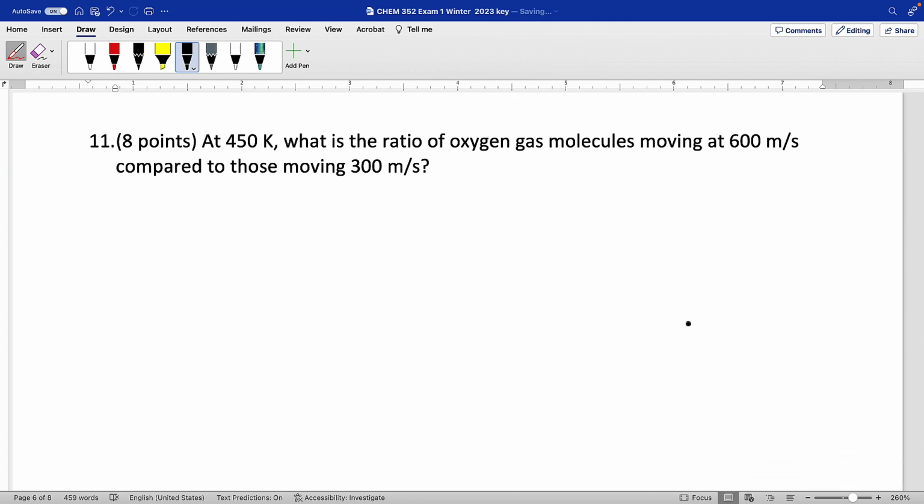Okay, and the next one is ratio of oxygen gas molecules moving at one speed compared to another. And for this, since the distribution for speeds is the Maxwell-Boltzmann distribution, we're going to use the Maxwell distribution here. So I'm going to simplify the Maxwell distribution.